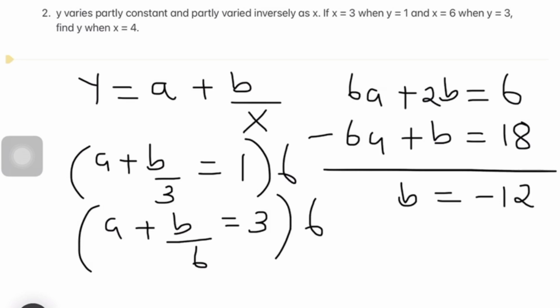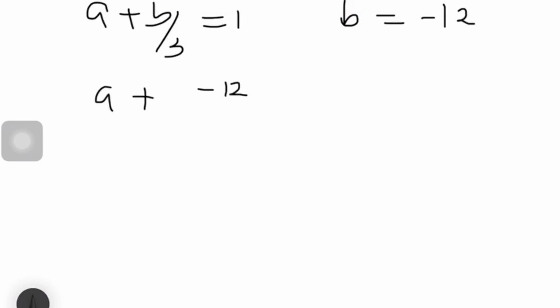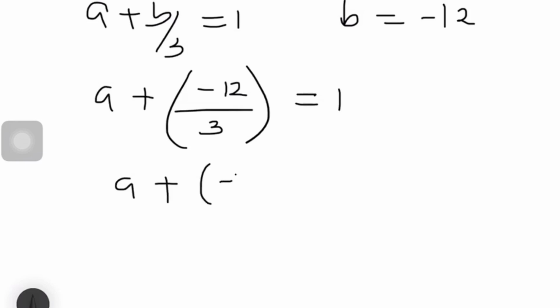a plus b all over 3 is equal to 1. We can use that one. a plus b divided by 3 is equal to 1, and our b is equal to negative 12. So this is a plus negative 12 divided by 3 is equal to 1. a plus negative 4, right, is equal to 1, since minus 12 divided by 3 is equal to negative 4, and plus multiplied by minus gives minus.